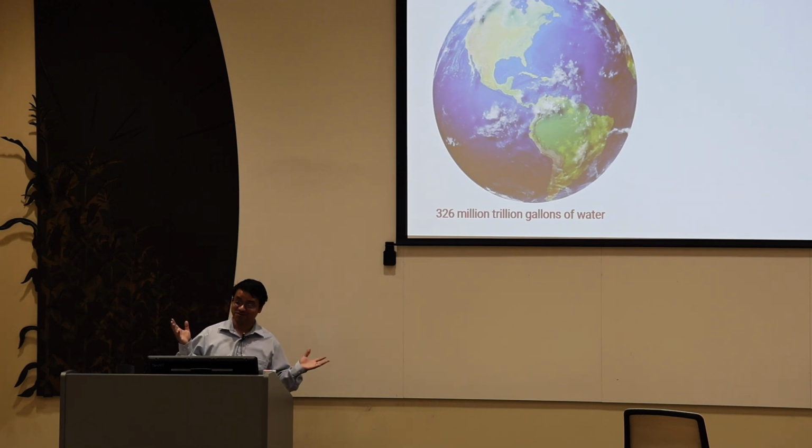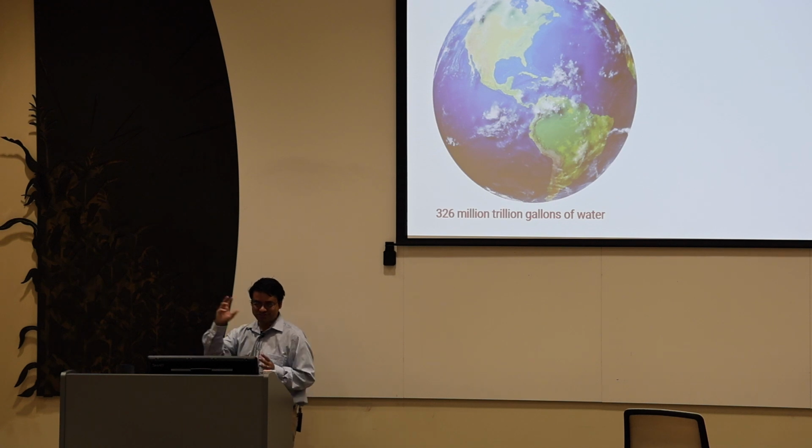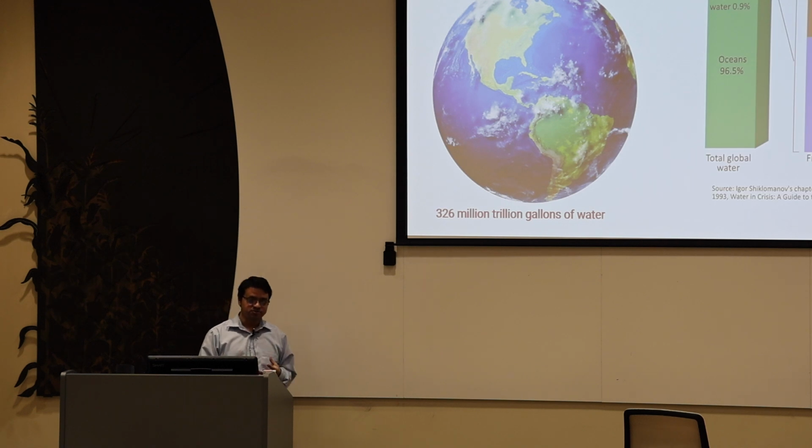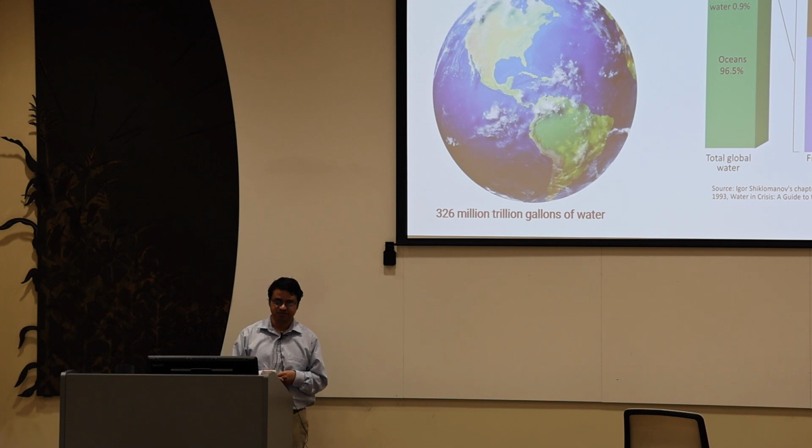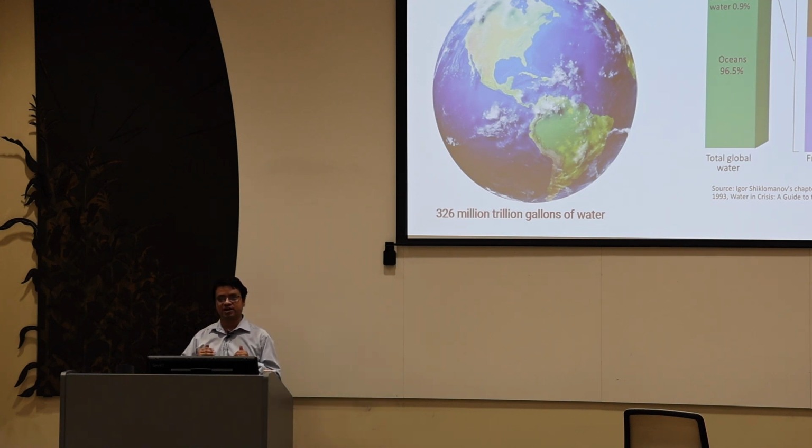Then you might say that, oh, we have a lot of water. Because when you see the Earth from space, you will see blue, right? It's water. But the actual water we can use directly, which is fresh water, is only 2.5% of all the water. Almost 72% of the Earth's surface is water, out of which only 2.5% is fresh water.